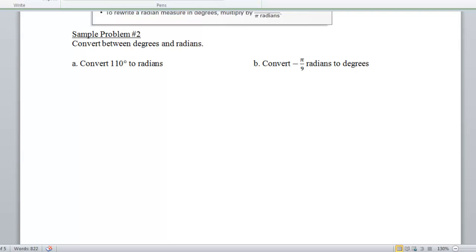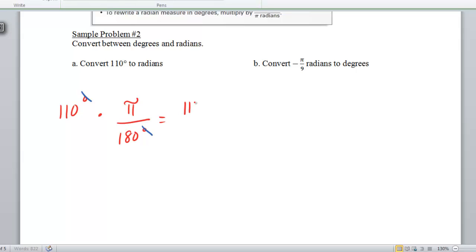Okay, if we want to convert from degrees to radians, when I use my setup, I have 110 degrees. So I need to use the ratio that has the degree portion on the bottom. The reason I want to do that is from a unit analysis point, I want those degrees to cancel each other out.